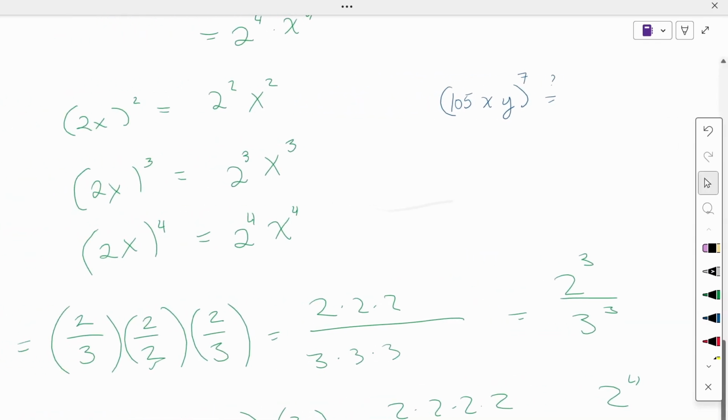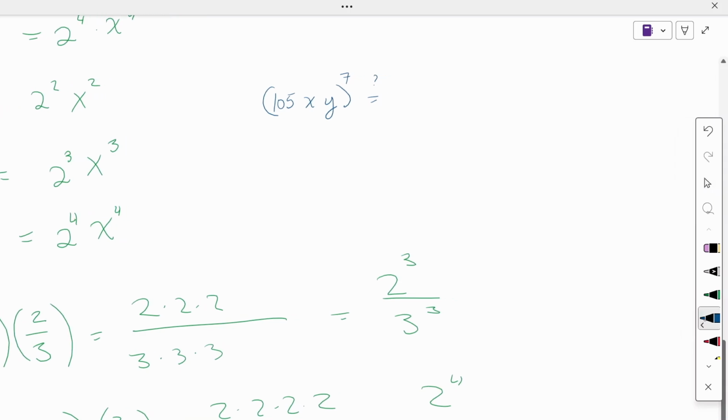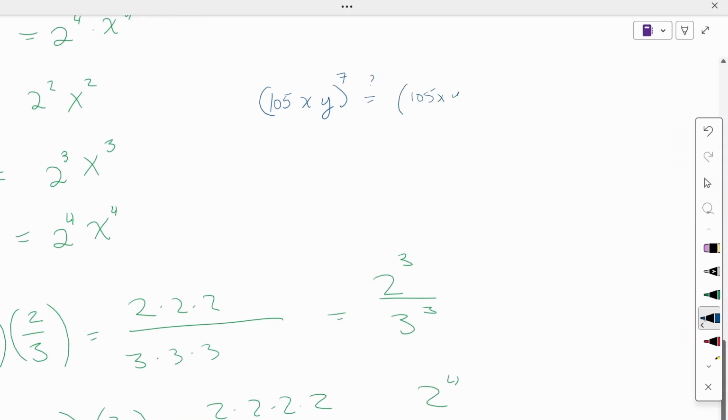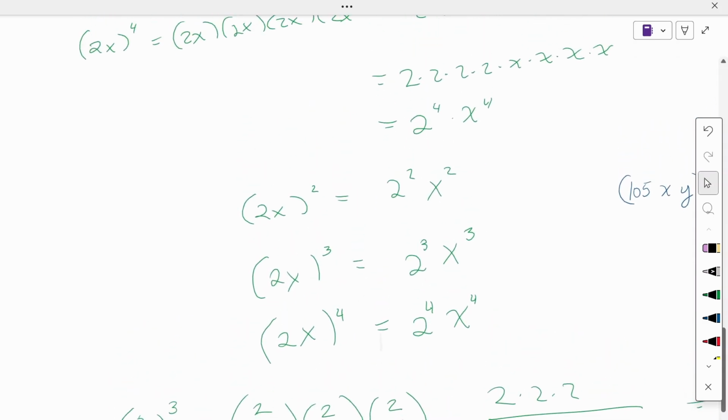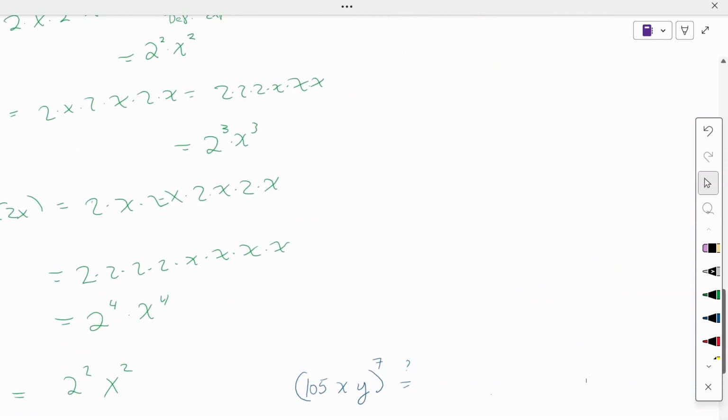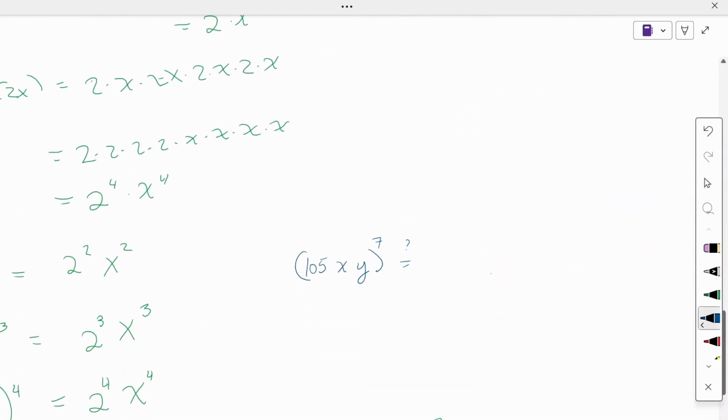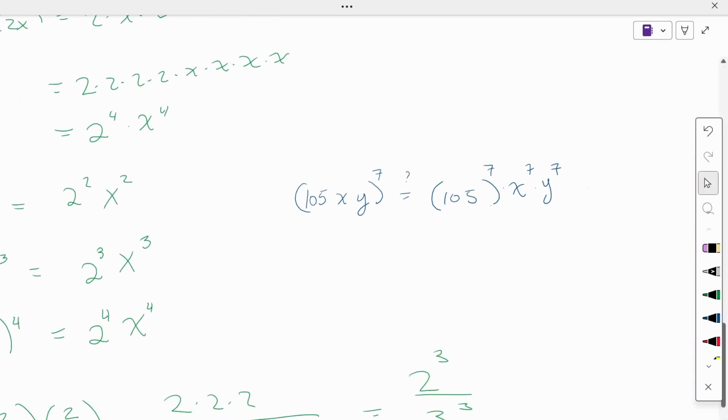Well, of course, you could write out 105xy times itself 7 times, and then use the associative law, etc. If you had simply remembered the distribution law of exponents, you may, however, simply say, all right, I've got the sequence of numbers. They're all multiplied together. They're raised to a power. So I may take each of these values and simply raise them to a power.